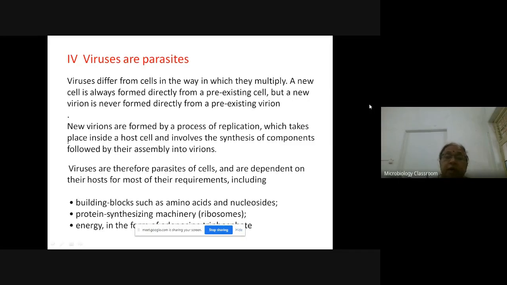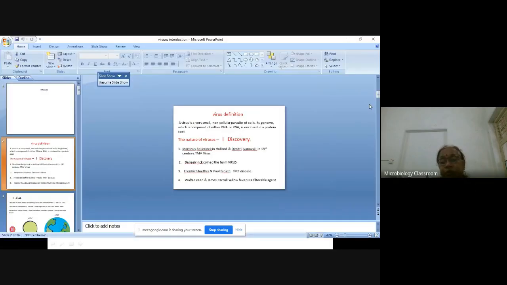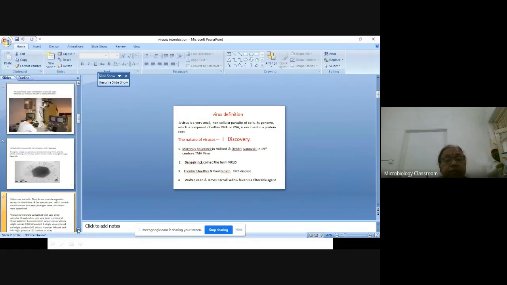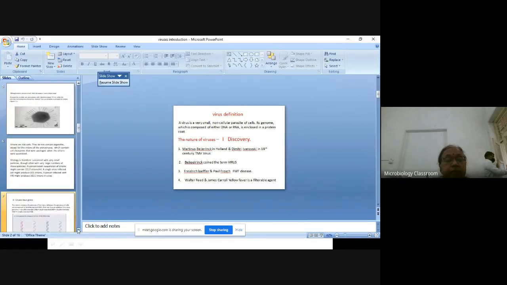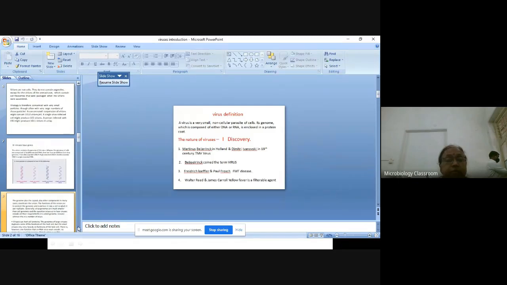It is not that any virus attaches to any cell and the infection begins. There is a high specificity in the types of viruses and the bacterial cells, which type of viruses attack which bacterial cells, as well as a specificity between the different types of animal cells and the different animal viruses.